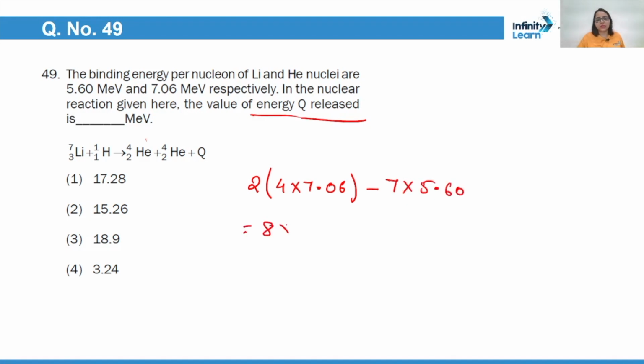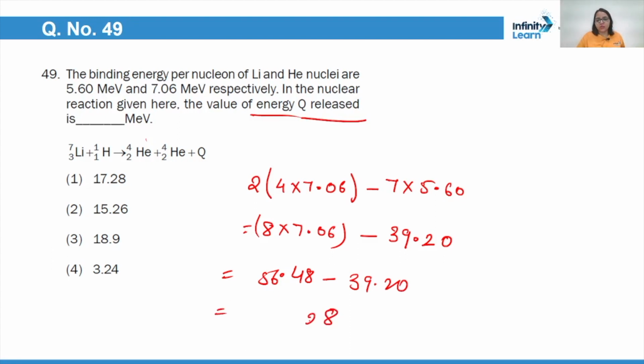Right, so this is 8 into 7.06 minus 39.2 mega electron volt. So this is 56.48 minus 39.20, which is approximately 8.2, and this is 7. So 17.28 mega electron volt, which is option 1.